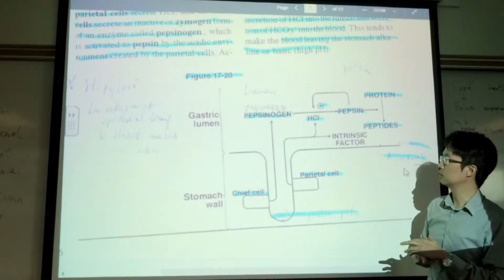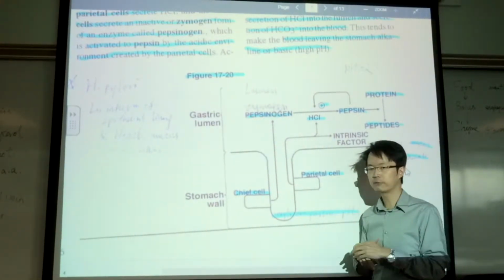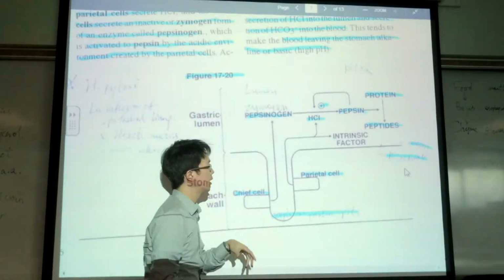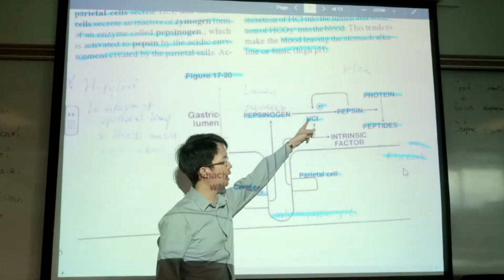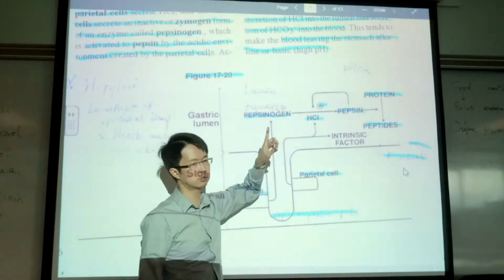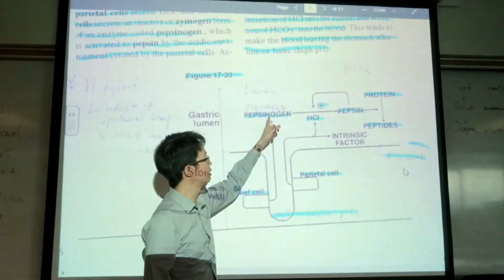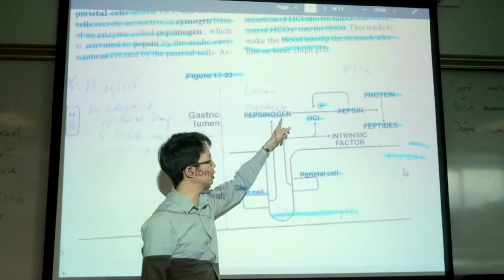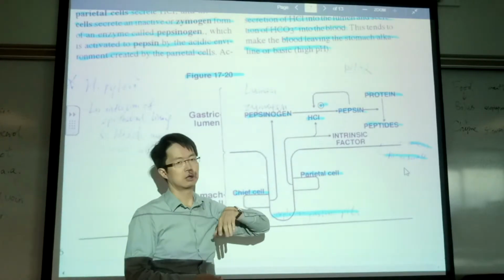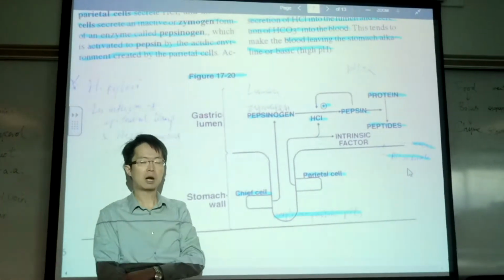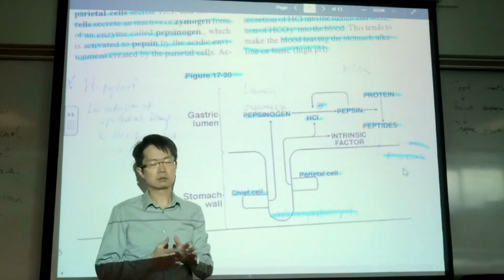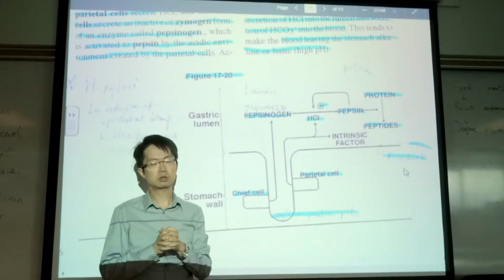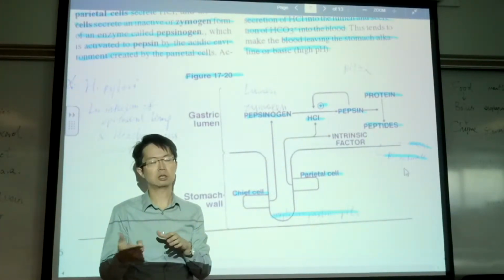And then what activates pepsinogen? It is the HCl, hydrochloric acid. The strong acidic environment will activate pepsinogen into pepsin. If you remember the basic biology, proteins are susceptible to pH and temperature.